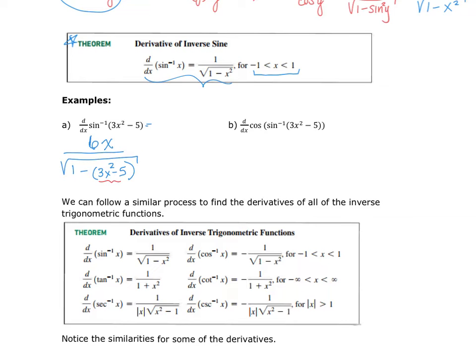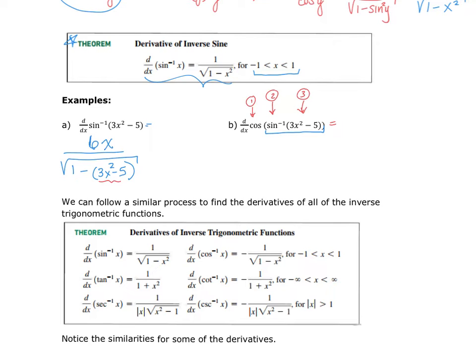For our second example, you should notice that this piece in here is the derivative that we just found. To find the derivative here on the right, we have a chain rule twice. Our outermost function is cosine, our second one is inverse sine, and the innermost one is 3x squared minus 5. So we'll take the derivative of those in order.